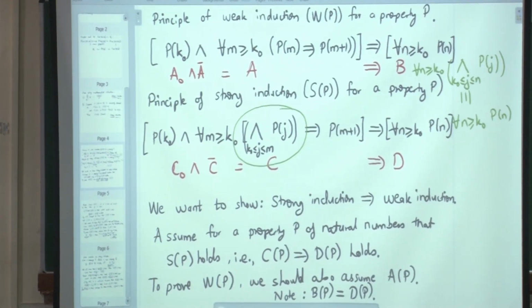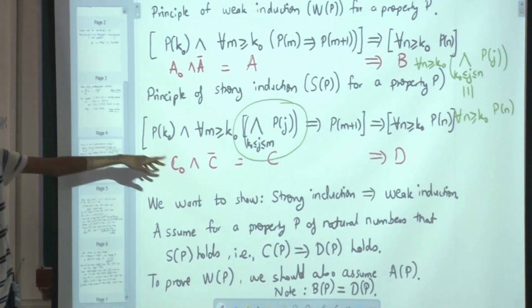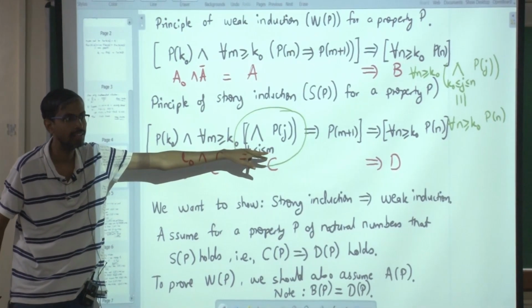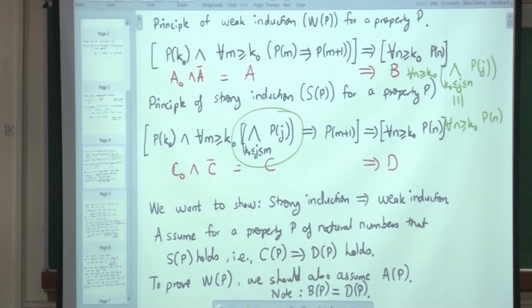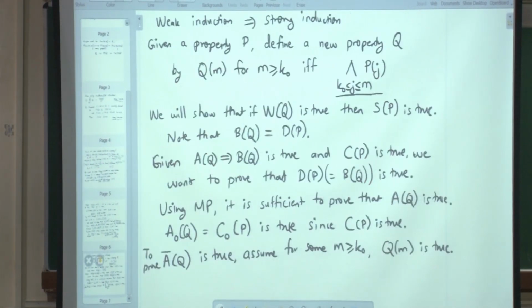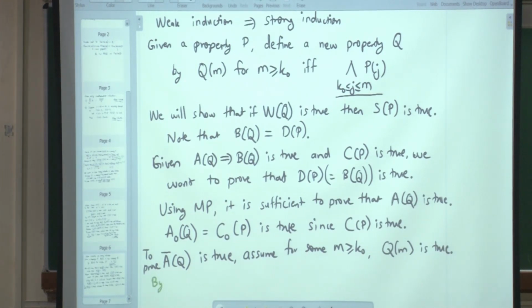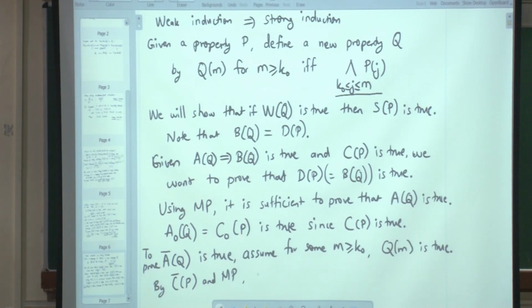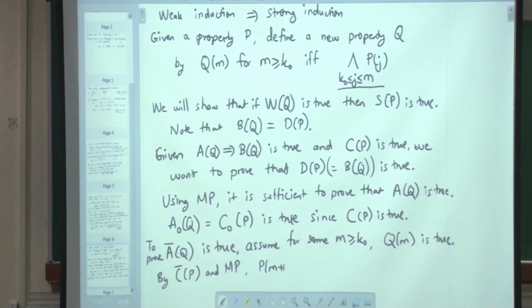This is Q of m. So therefore, if this is true for some m, then what can you conclude? P of m plus 1 is true. So by C bar of P and MP, what will I conclude? That P of m plus 1 is true.